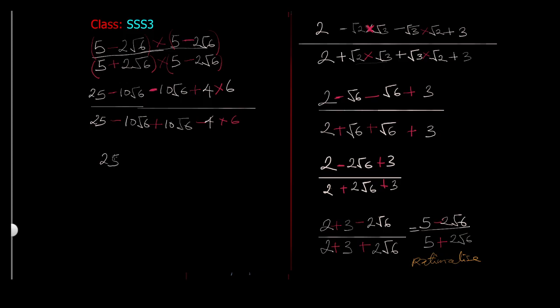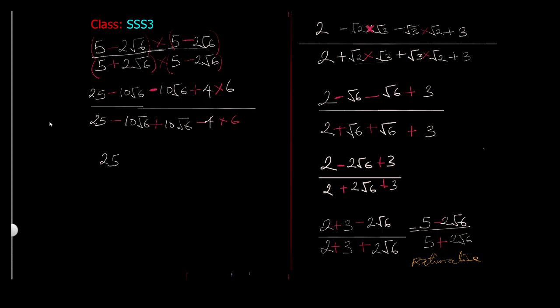Here is now 25 and minus 10 root 6 minus 10 root 6, is what? Take that root 6 as x so that you don't get confused. That's going to be 20 root 6.